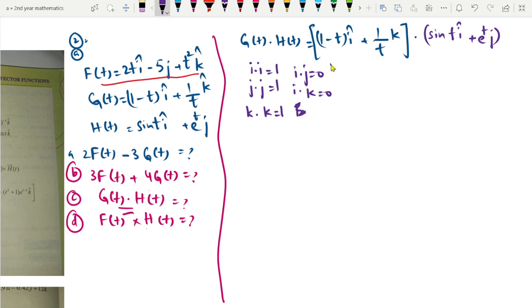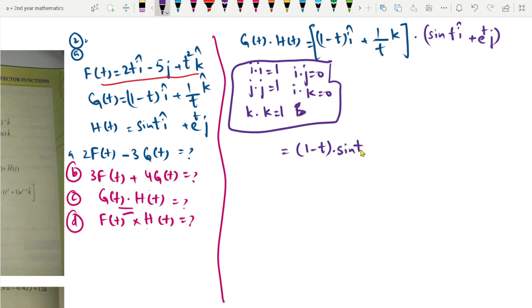So i dot i is equal to 1, so 1 minus t dot sine of t, and this i dot j is equal to 0, and k dot j is also 0.